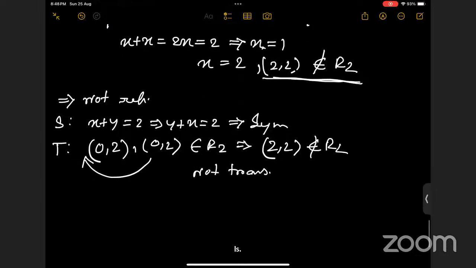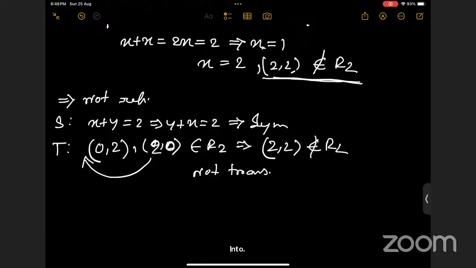No, I mean (0, 2) and then (2, 0). I actually have written (0, 2) two times. Oh, okay, sorry. For the transitive rule, is it fine? Yes, ma'am.